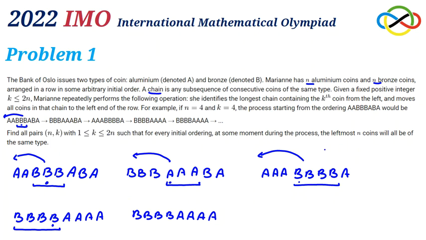Okay. For solving this problem, I can say the most useful idea and approach is to consider a small example. Here it doesn't say anything specific about n, so at least let's consider n equal to 1, and we know k is at most 2n.